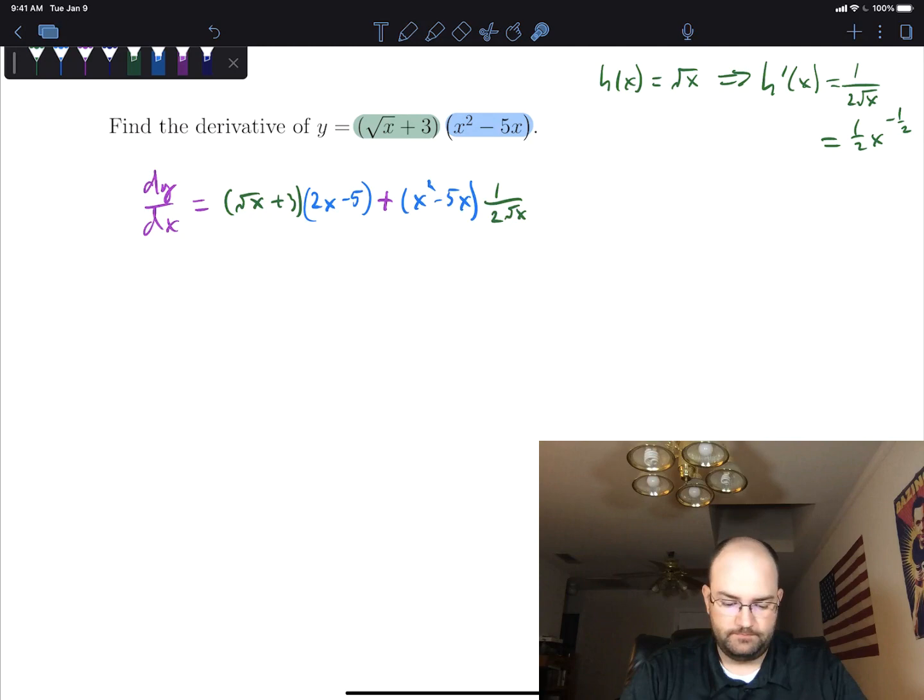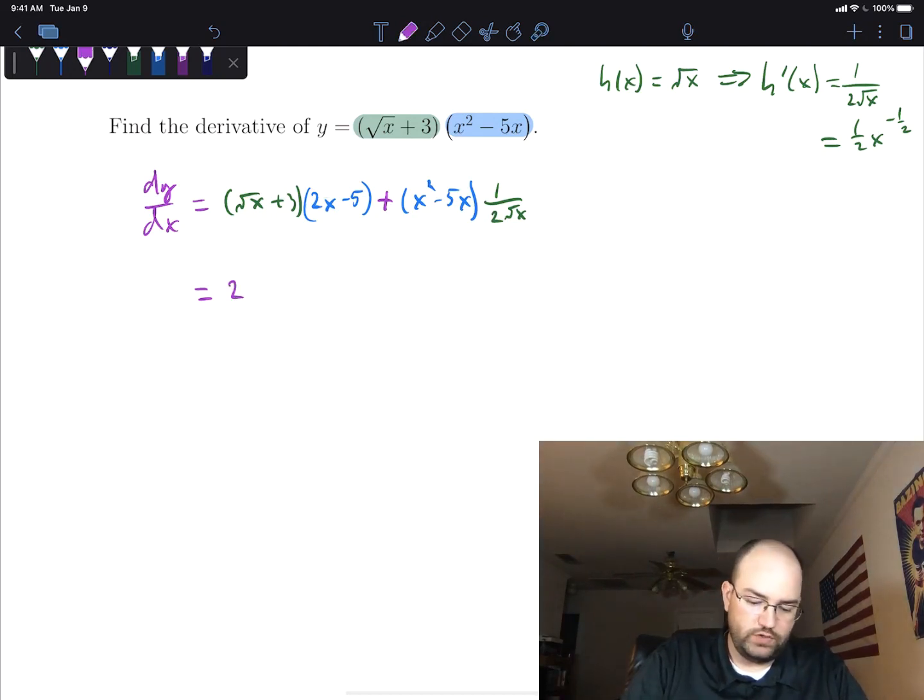Okay, good. Now notice that I need to multiply these out, and think of square root of x as x to the half power, or the square root of x here as x to the half in the denominator. So if we were to FOIL this, square root of x times 2x, so x to the half times 2x would be 2, and then x to the 1 plus a half is 3/2.